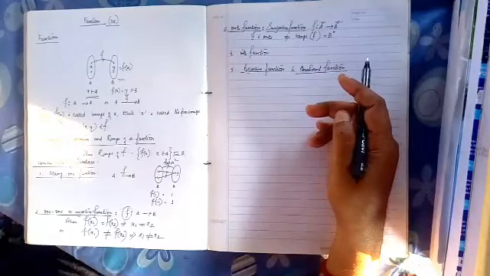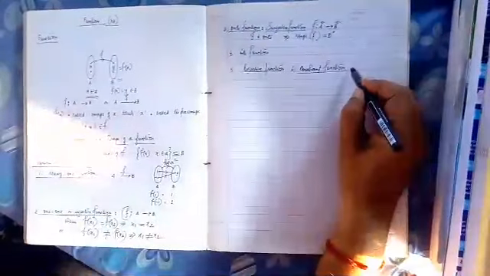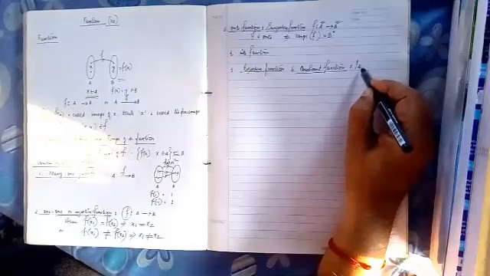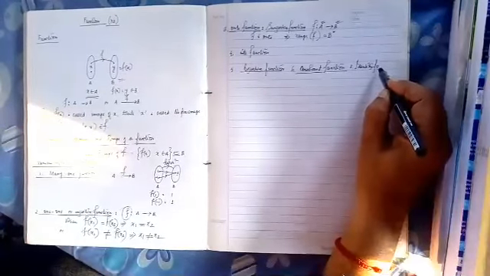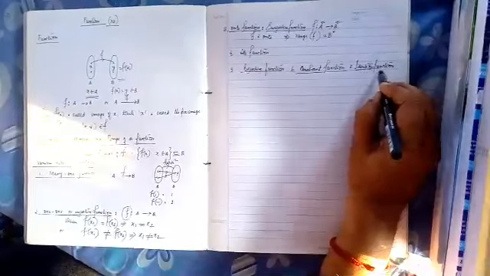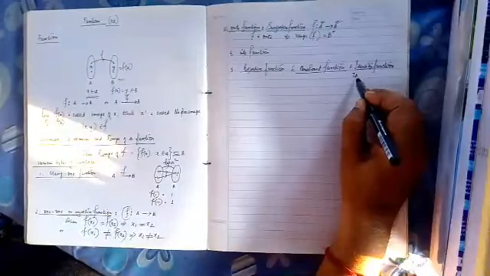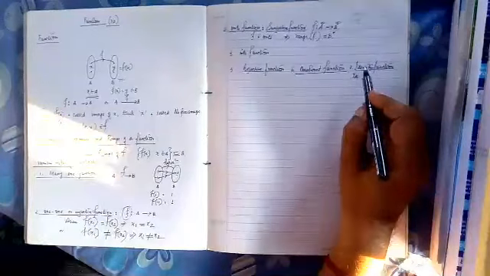Identity function. The identity function is denoted by I_A.